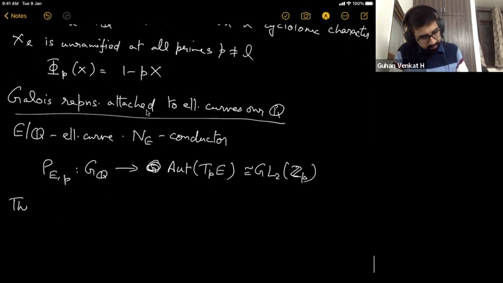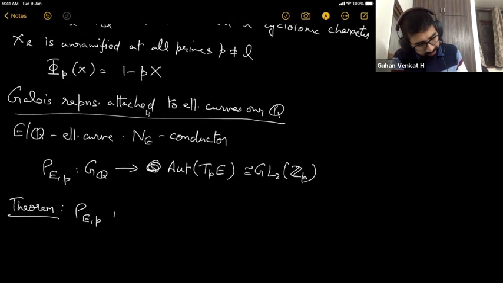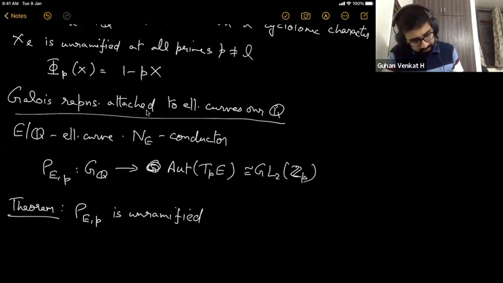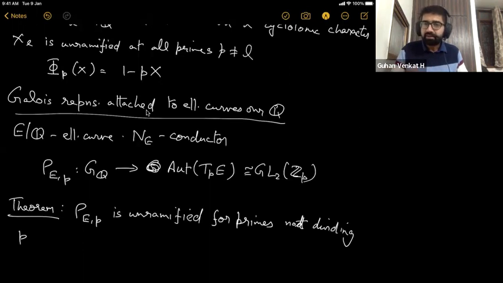And the theorem is as follows. ρ_{E,p} is unramified for all primes not dividing p, since it's a p-adic Galois representation, and also the primes that divide the conductor of the elliptic curve.